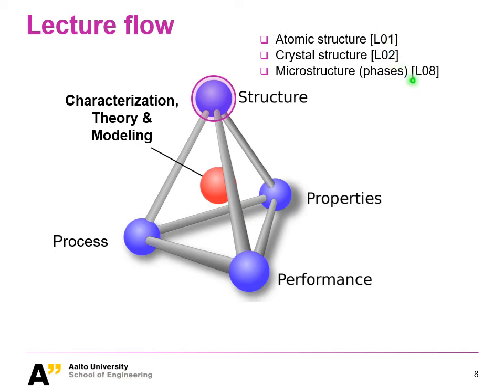We're just zooming out and out. Of course, if you zoom out further, you see your material as a macroscopic piece of material, and then you could characterize the properties, right?